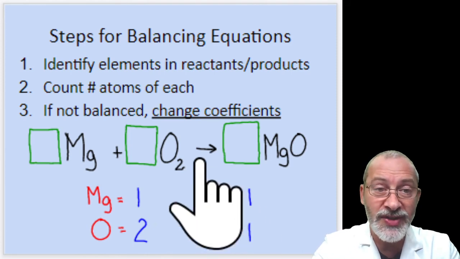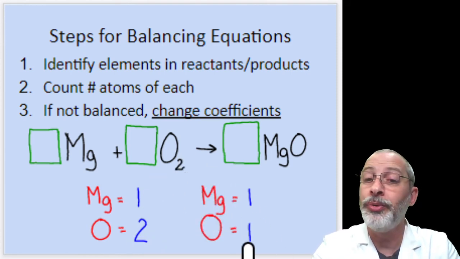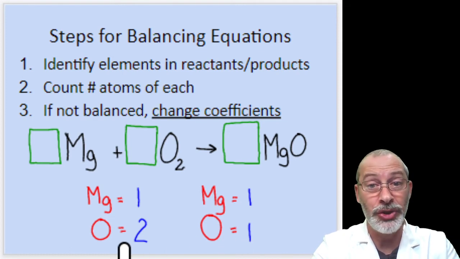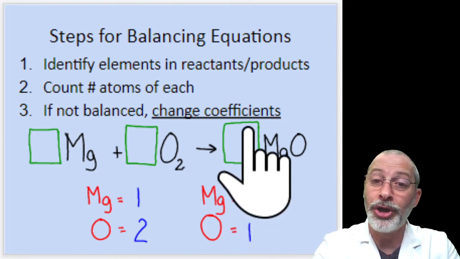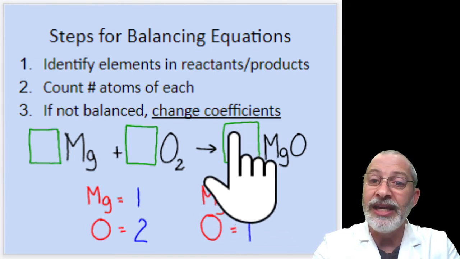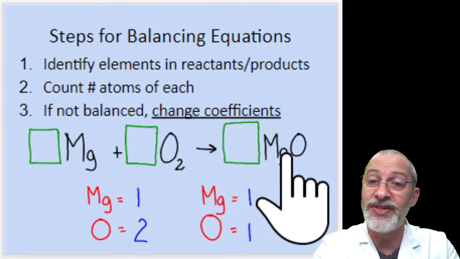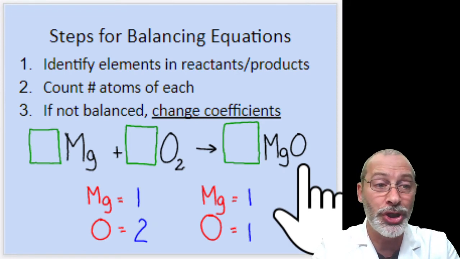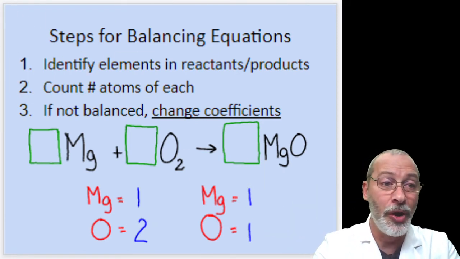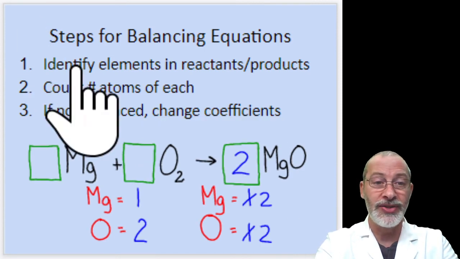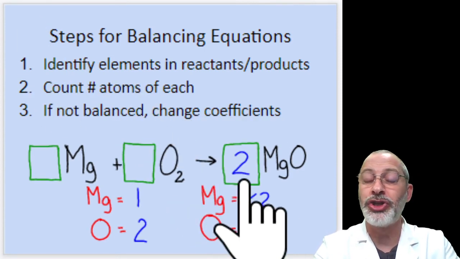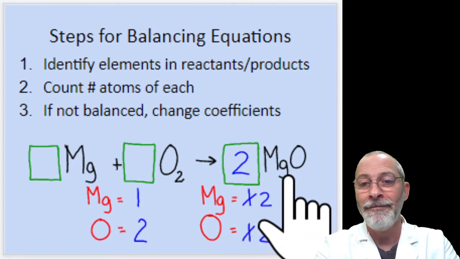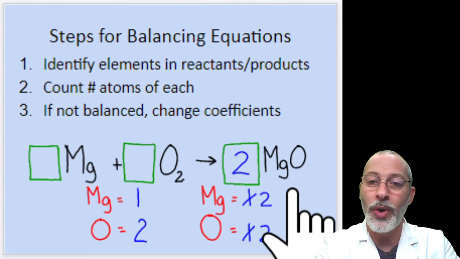You want to go to the side of the equation, the product side, where 1 is less than 2, and put a coefficient in front of the pure substance that has the element you're trying to change the proportion of. So you put a coefficient of 2 in front of the magnesium oxide on the product side of the equation.